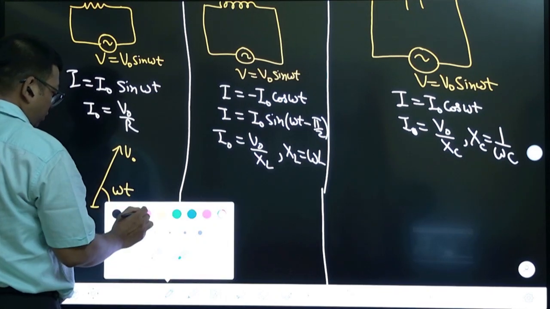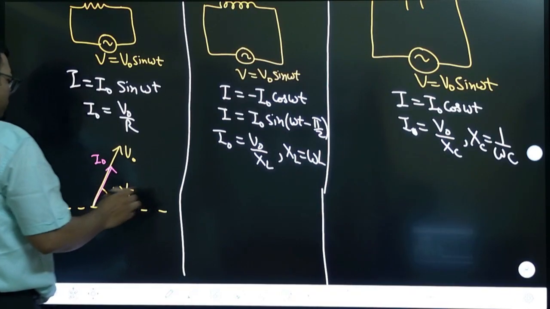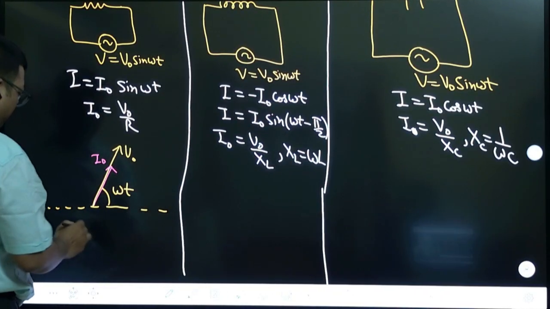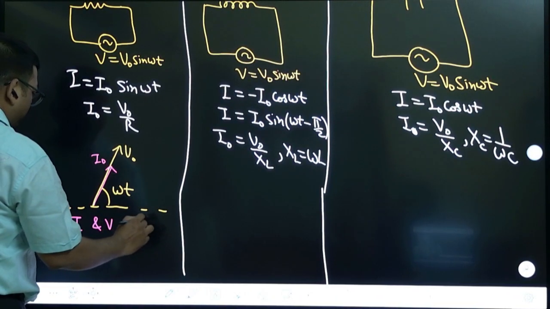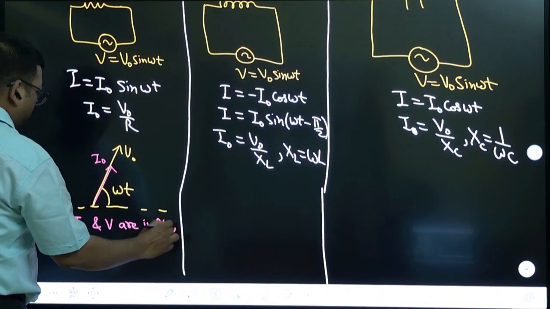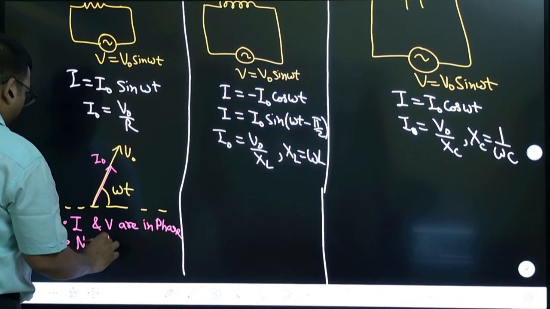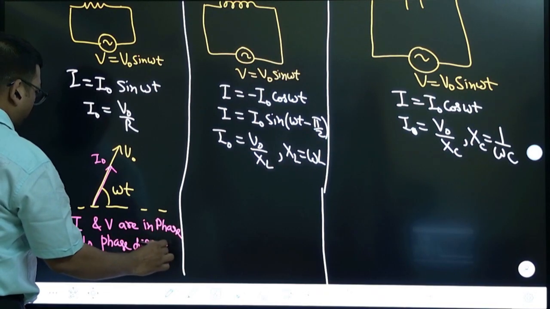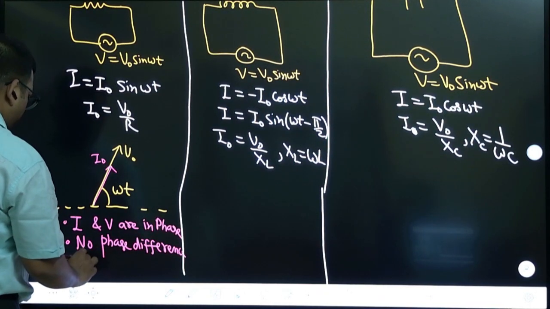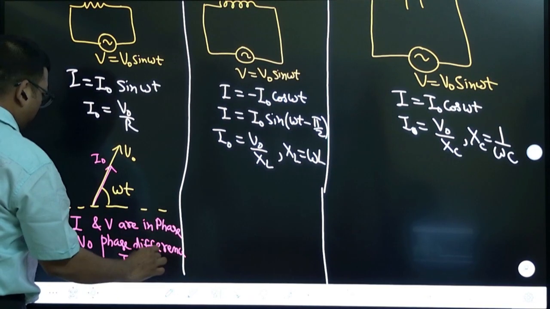Current here will go in the same direction. Current and voltage waves are both in phase, so there is no phase difference between current and voltage.